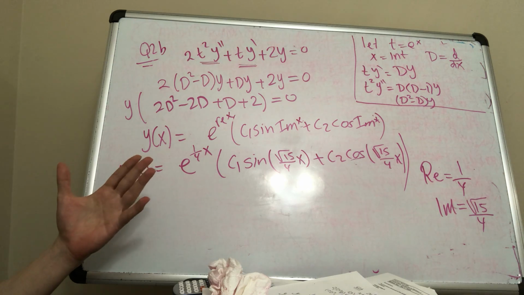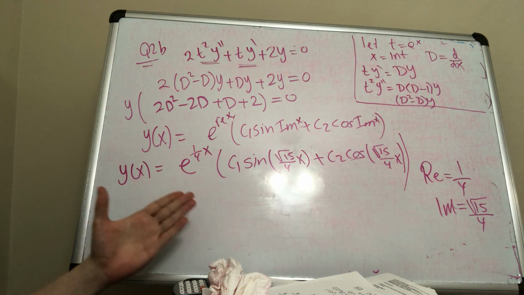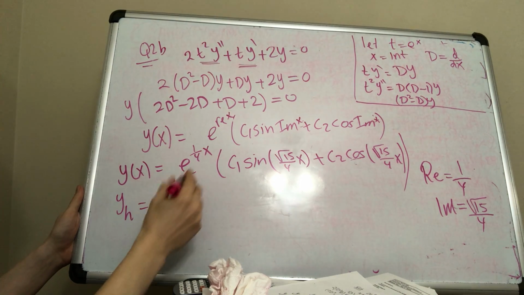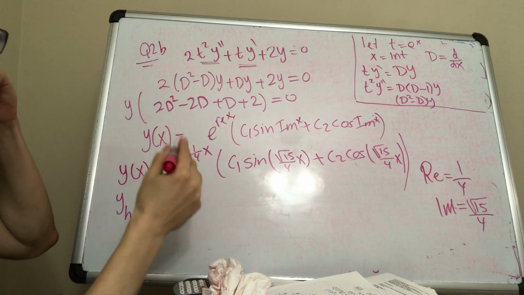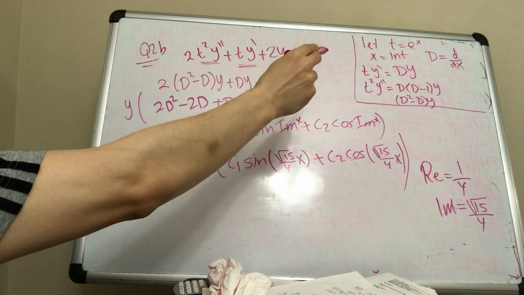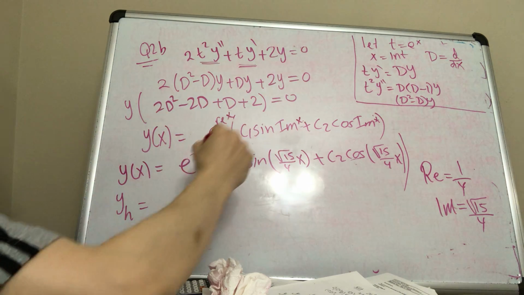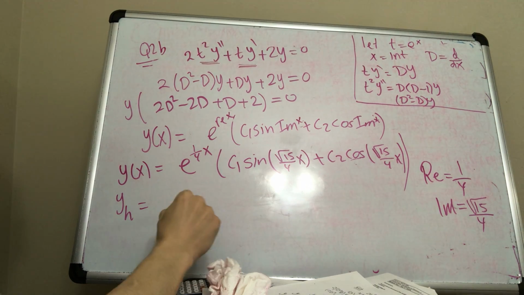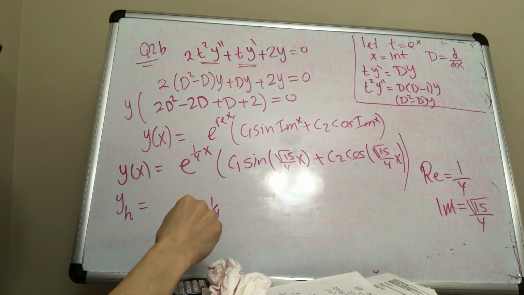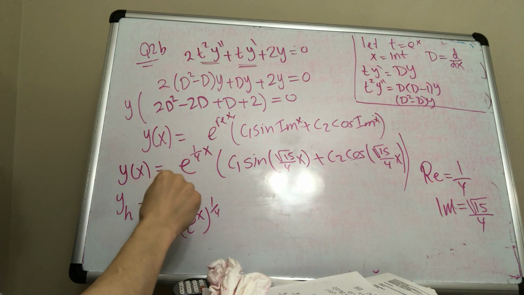But since you have everything in terms of t, you need to switch to t. This one, what is this in terms of t? Well, if e to the x is t, e to the 1 over 4x would be e to the x to the 1/4, so that's t to the 1/4.